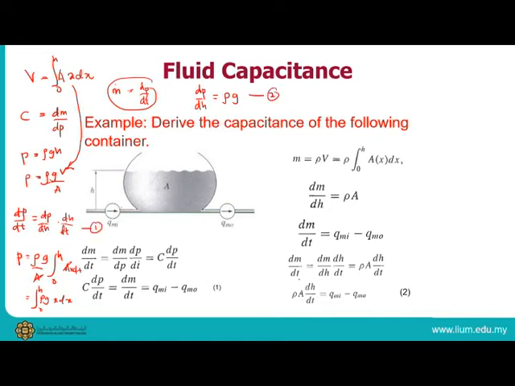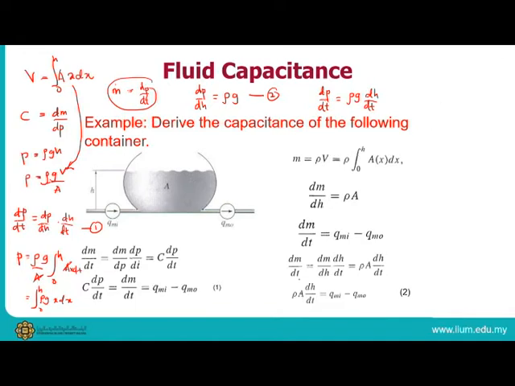So you insert 2 into 1, and you can get dp over dt equal to rho g dh over dt. This one you insert into the m dot, right?